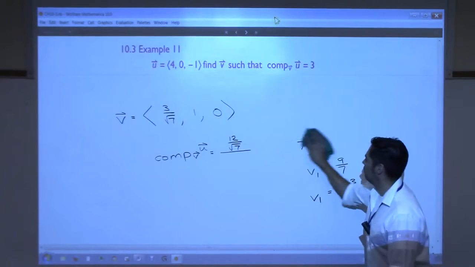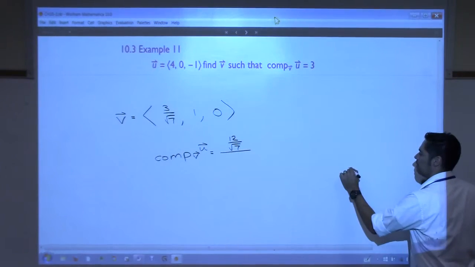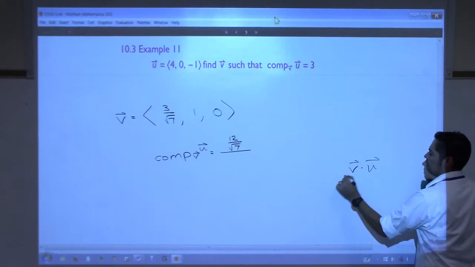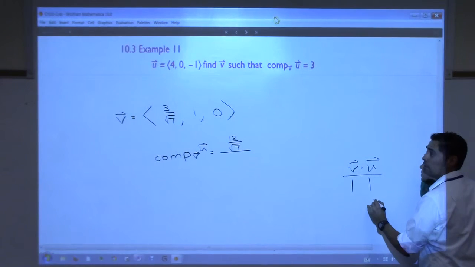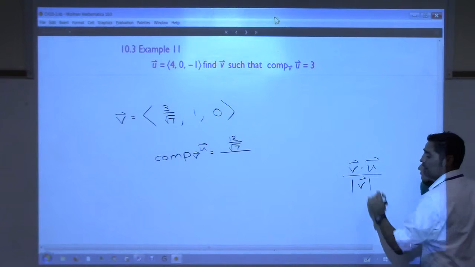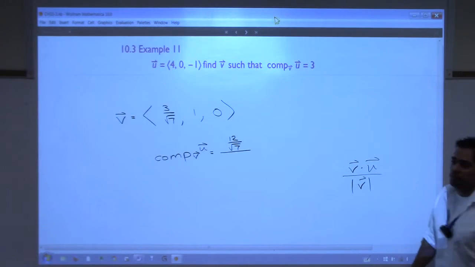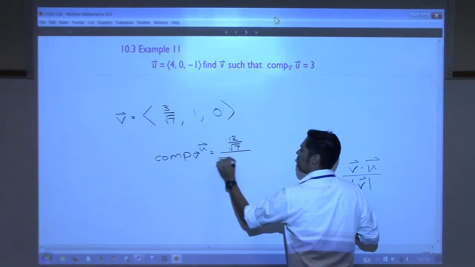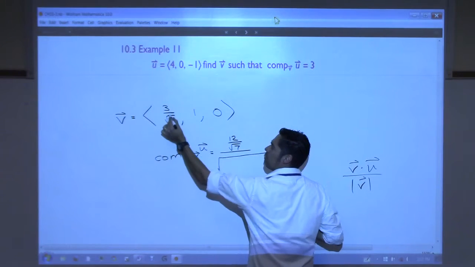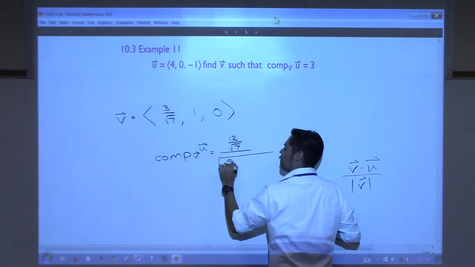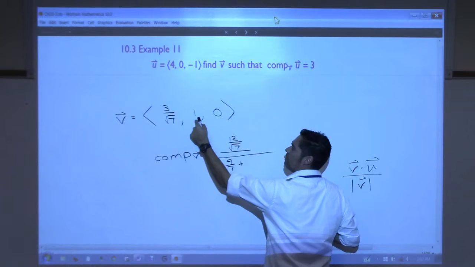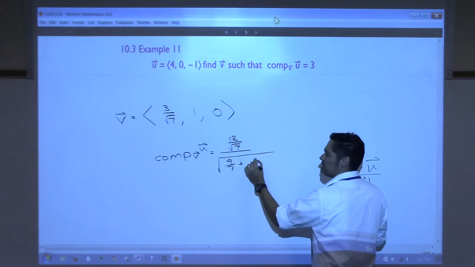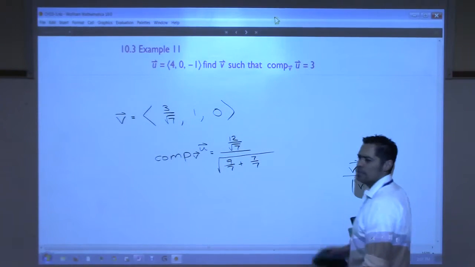what was the formula? Magnitude of what? I'm projecting onto V, so it's V, right? So what is the length of V? It's the square root of this squared. What's this squared? 9/7 plus this squared, 1, but 1 is the same as 7/7.